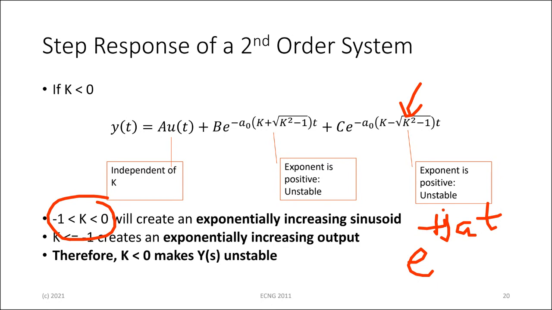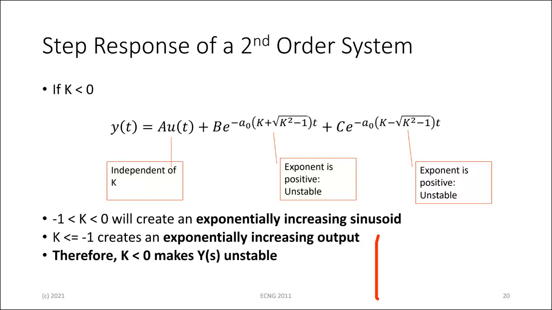And as you know, e to a positive complex is a complex sinusoid, cosine plus j sine. So this kind of thing, either way, once K is less than 0, it is going to give you an unstable output. In one case, if it is less than minus 1, we saw that the answer would be an increasing exponent.